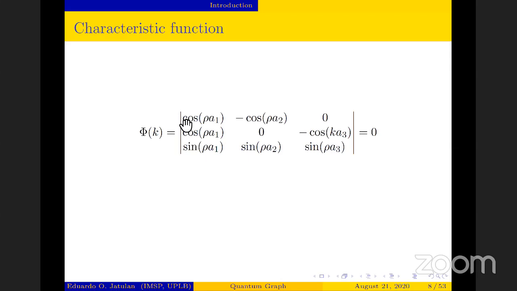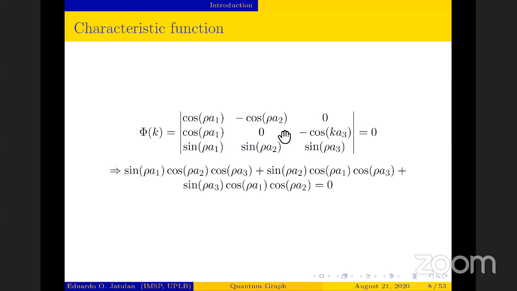Okay. So now the idea is to get the eigenvalue. All we have to do is to simply consider this characteristic function. So I think this should be rho. And all we have to do is to equate this and come up with this equation. So this is actually equivalent to what we have derived a while ago.